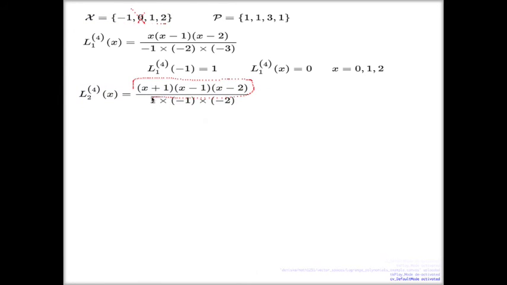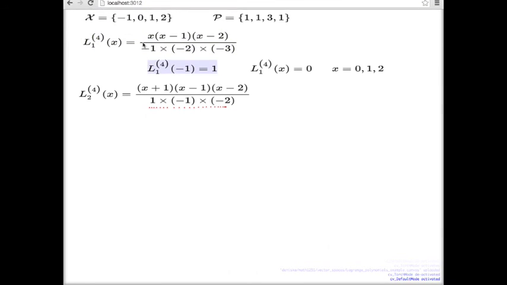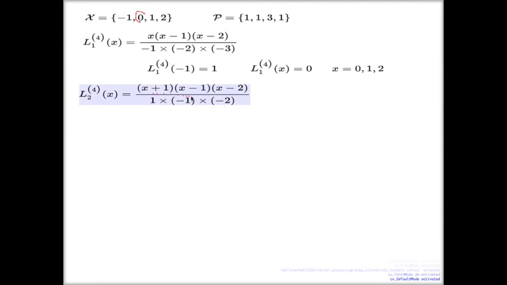Here they are. And in the denominator, I use the point 0, the second point, in the numerator: 1, -1, -2. This polynomial delivers 1 at point 0 and delivers 0 at any other point, -1, 1, 2, in line with the general Lagrange ideas.